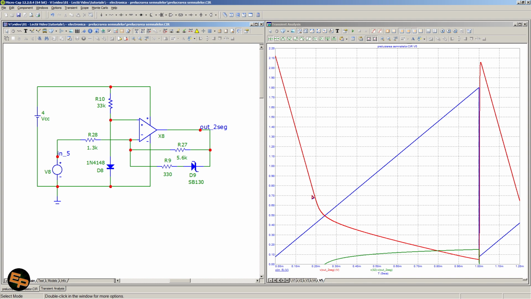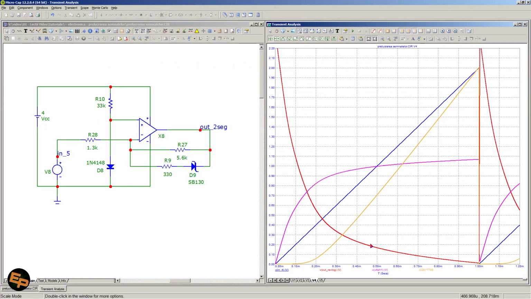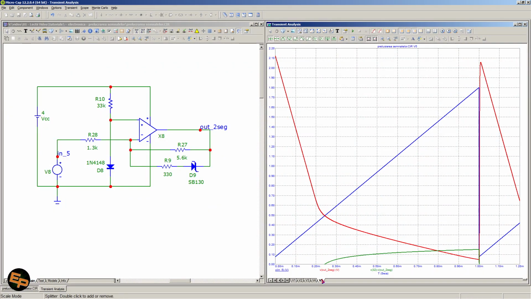We have a very fast descending curve initially, if we can call it like that, and then after the diode starts to conduct, we have a much slower descending curve. Again, this is a simplified version of this example, and if it's good enough for us, then it's worth taking this into account.